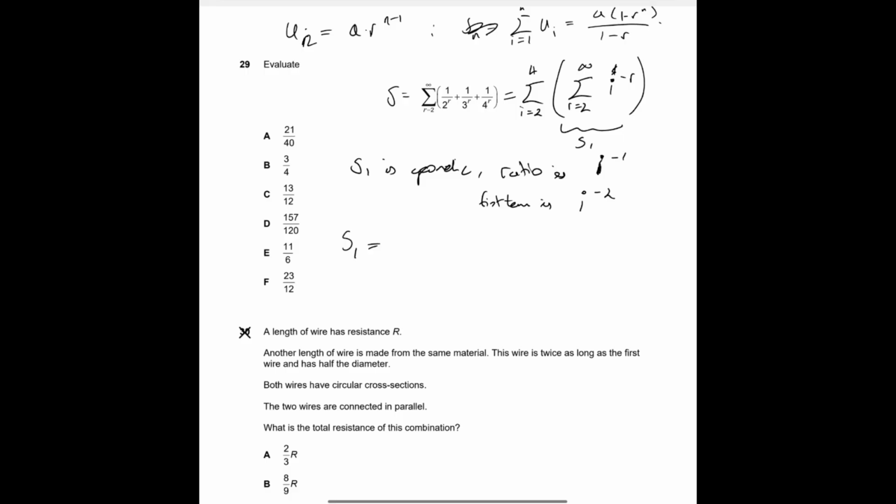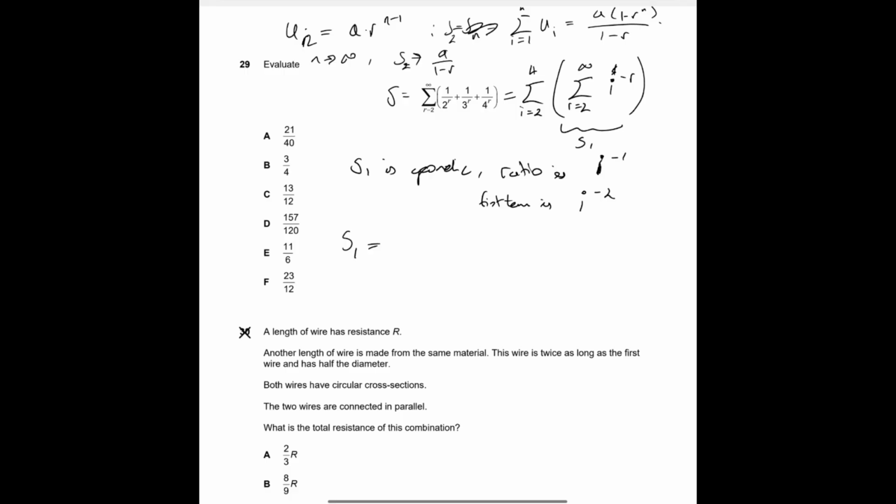And then in the limit as n goes to infinity, this sum, which we'll call S2 to differentiate from this S, goes to a over 1 minus r.